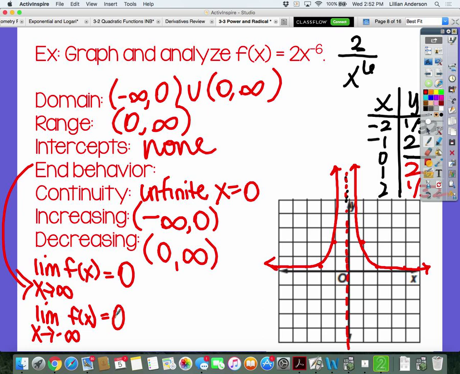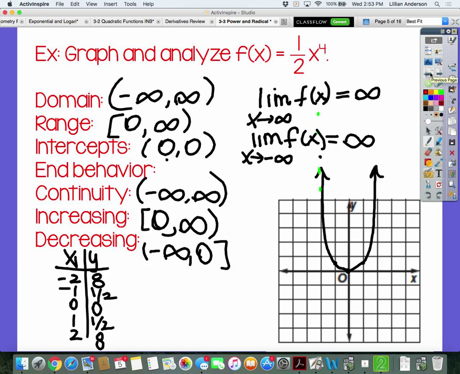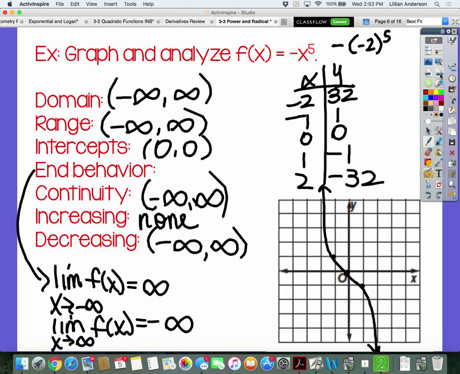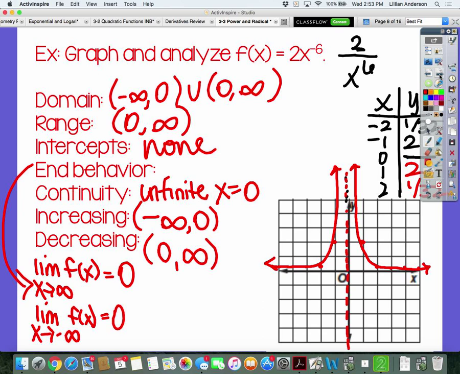But hopefully after doing this so many times in our notes, homework and practice, you'll know that when you have an even exponent and a positive coefficient, it's going to look like this. And you know how to set that up. But this is what you do if you forget what any of these look like. Sort of like a safety net.